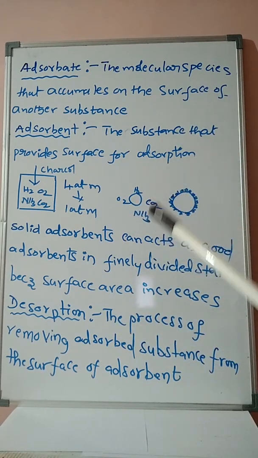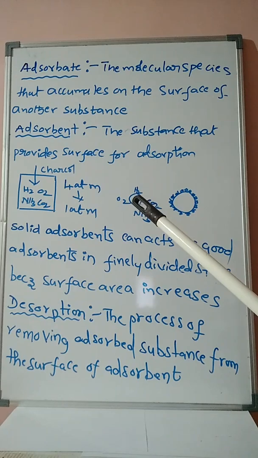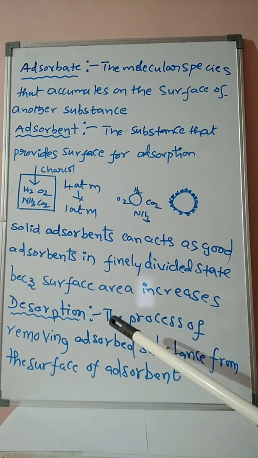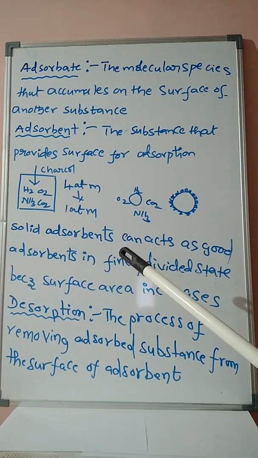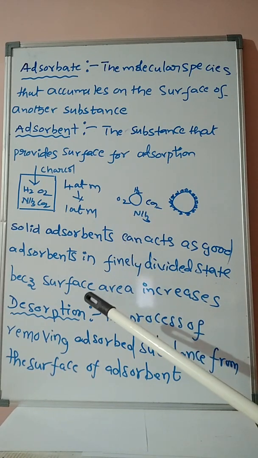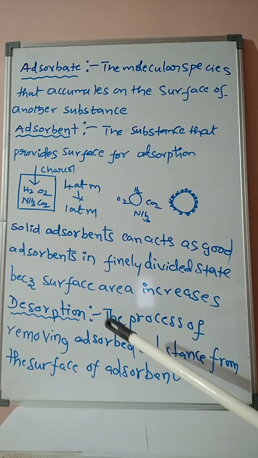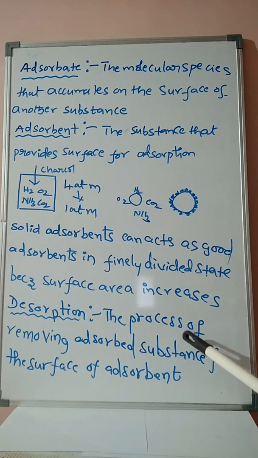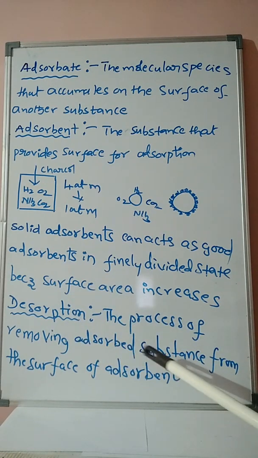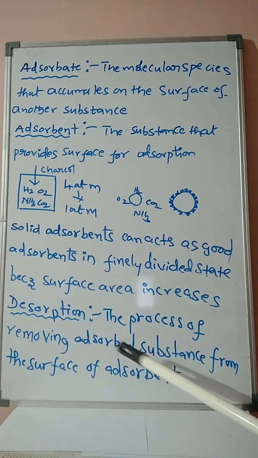When you rub the board with the duster, adsorption takes place, that is, the dust particles accumulate on the surface of the duster. When you bang the duster against a wall, the dust particles move away. That is desorption. Hence, the process of removing adsorbed substance from the surface of the adsorbent is known as desorption. Copy this, students.